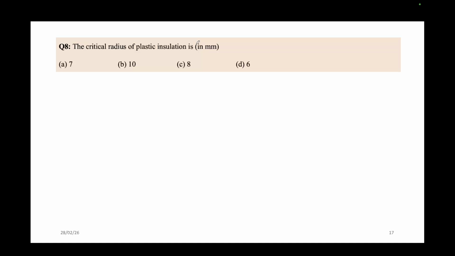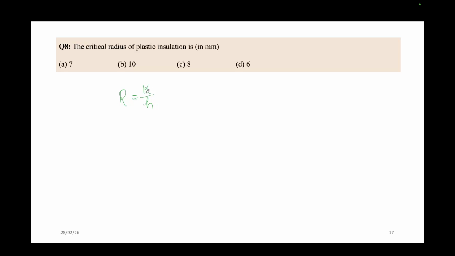If I talk about this critical radius, we have already studied that the critical radius is K by H, which we studied for insulation, not in the last class but two classes back. K is the thermal conductivity, H is the heat transfer coefficient.